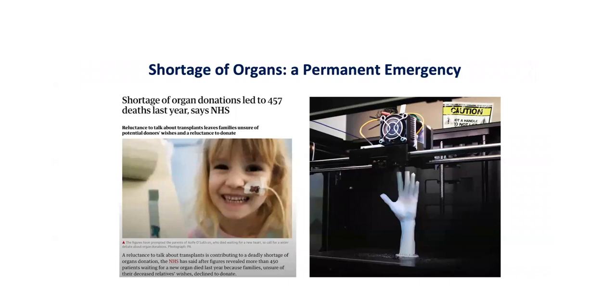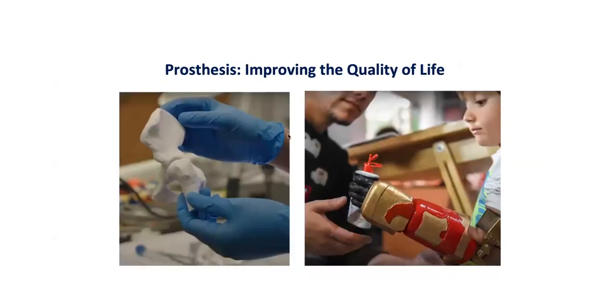But not only organs, also maybe prosthetics. We are talking about extremities that we can help with, and also prostheses that can be built ad hoc. I don't know if you are familiar with companies that work with prostheses.